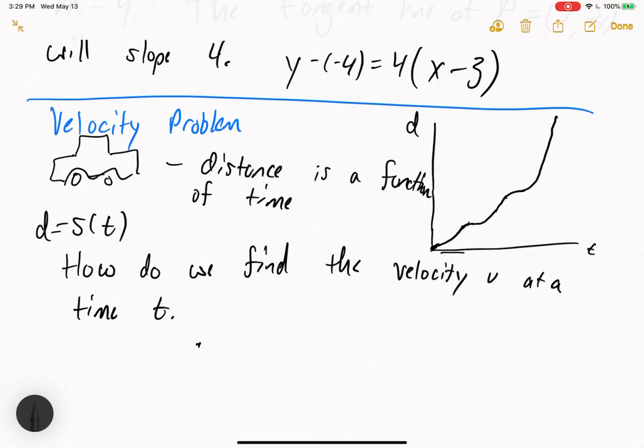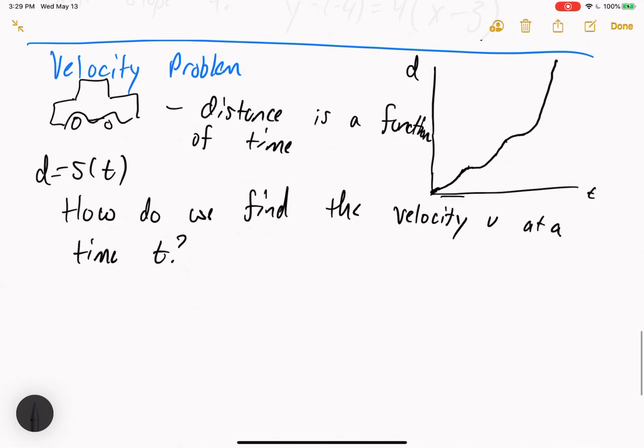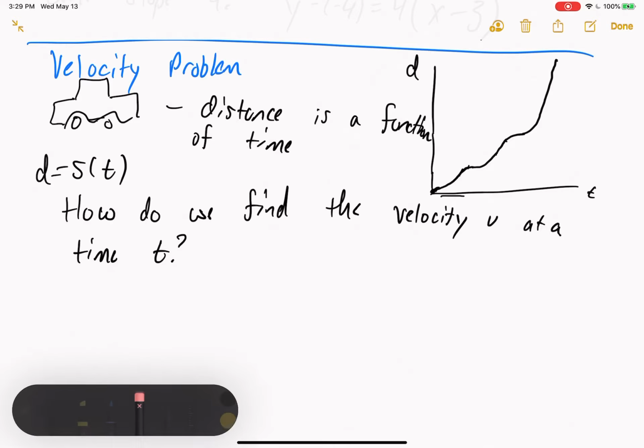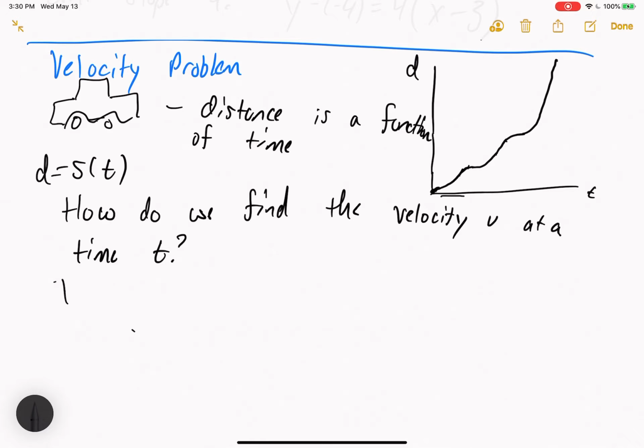So anyways, how do we find the velocity v then? We do have a concept of average velocity. If you know any physics, or have ever worked with a problem like this, the average velocity, I'm just going to put a period there because I don't want to write the whole word velocity, we call that v average.